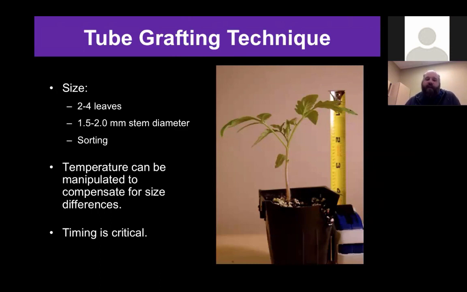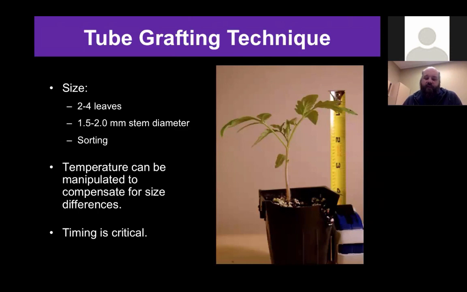Now, if you do have a rootstock or a scion that's getting bigger than its counterpart, one thing that you can do is you can manipulate temperature to compensate for some of these size differences. So if the nighttime growing temperature for tomato is anything much below 54 degrees Fahrenheit, then it's going to almost stop growing entirely.